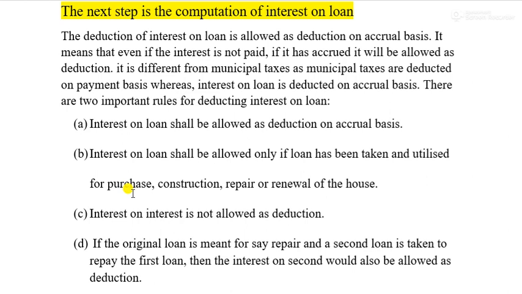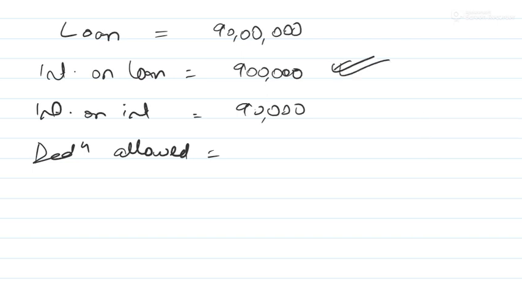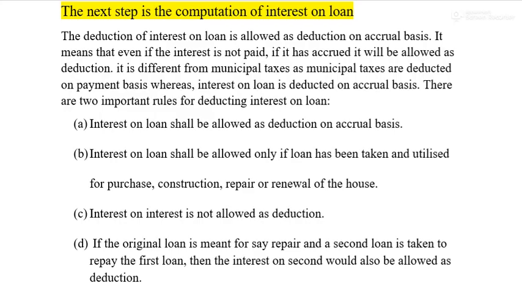You have to pay additional interest of 90,000. So the amount which should be deductible is only 9 lakh. So 90 lakhs is the loan, interest on loan is 9 lakh, and interest on interest is 90,000. So the deduction allowable will only be the interest on loan, that is 9 lakh. Okay, not 9 lakh 90,000.